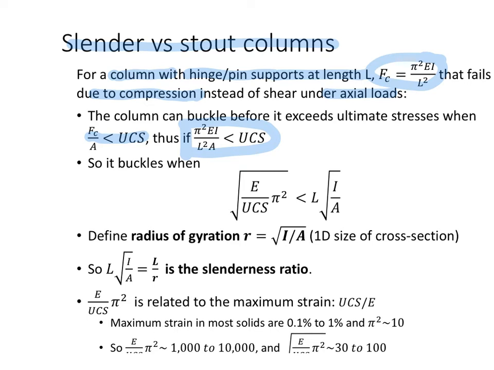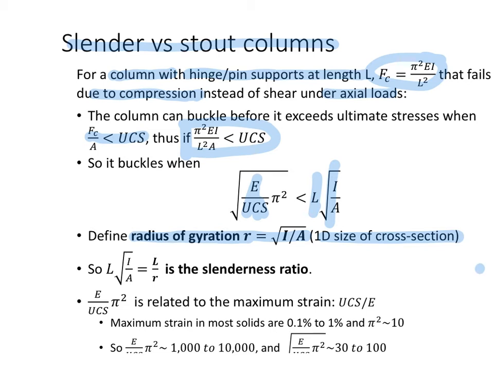So we can rewrite this, rearranging and taking the square root of both sides: the square root of this ratio of E to UCS times pi squared is less than length times the square root of this ratio of I to A. If we define the radius of gyration as the square root of I over A, this is like a one-dimensional measure of the cross-sectional geometry, thus the term radius, which refers to a one-dimensional property.